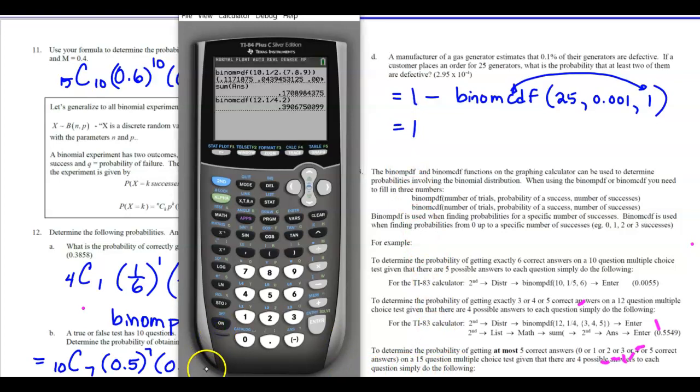Oh, let's do this. 1 minus. And 1 minus that.